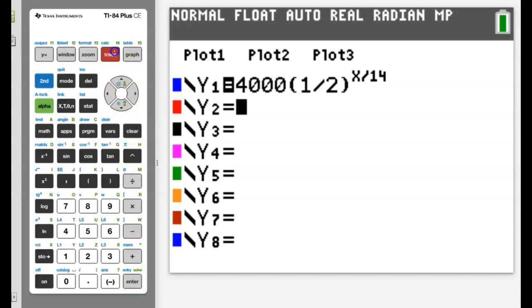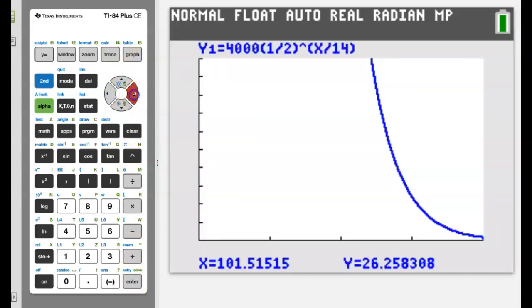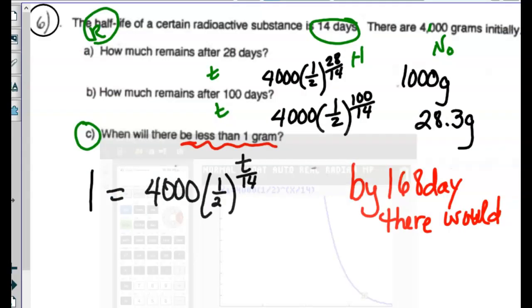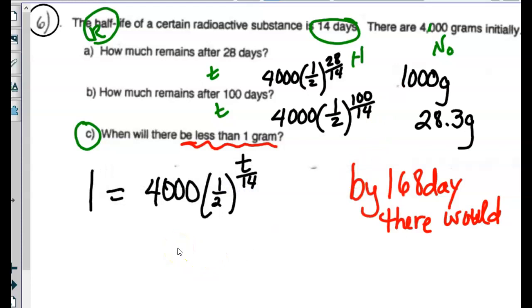Could you type in x equals 1 and have it bring you there? No, that's why we put in y2. You can trace here until it goes less than 1 and see about where you are. But to get a more exact answer, we're going to learn eventually to solve it algebraically.